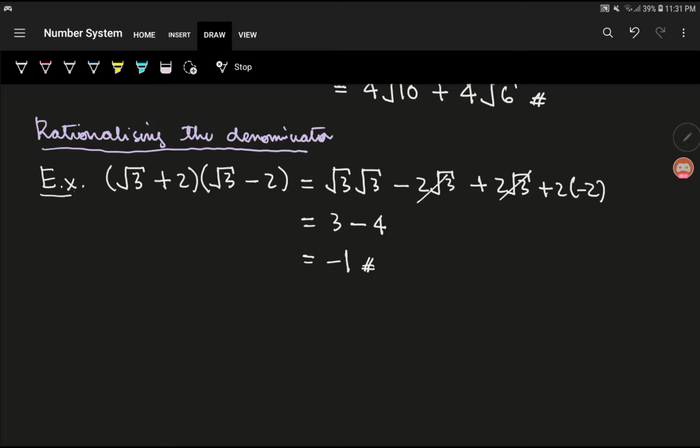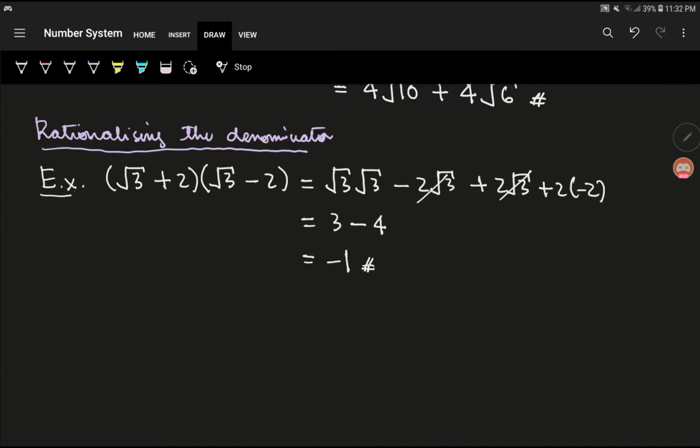Okay, so what we can see here is an expression involving a surd and a rational number: surd 3 plus 2 and another bracket surd 3 minus 2. When we multiply both brackets, there will be no more surds in our answer.